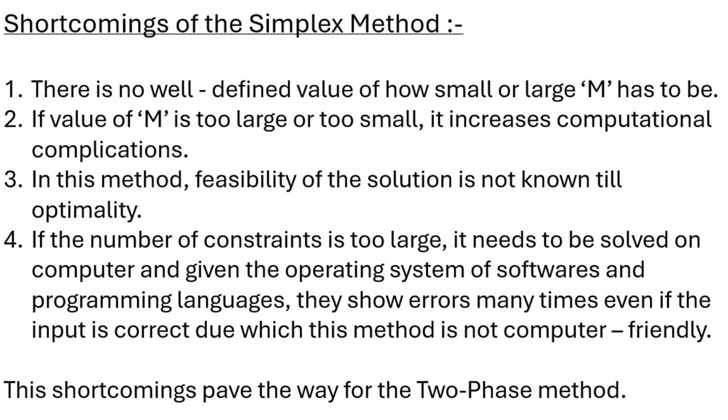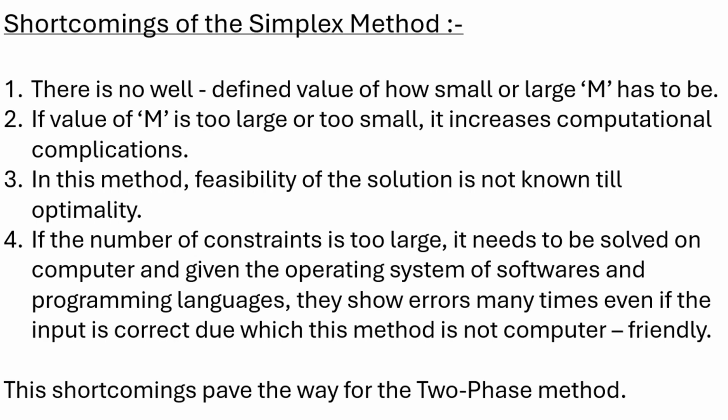So firstly, there is no well-defined value of how small or large this big M has to be. For the sake of convenience, while calculating the Zj minus Cj, and while explaining how to choose the most negative value of Zj minus Cj, I had considered the value of M to be 1 lakh.